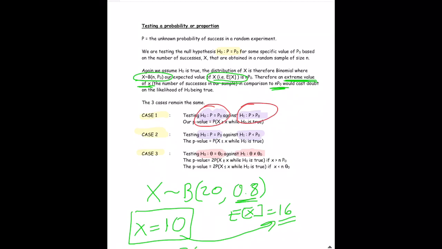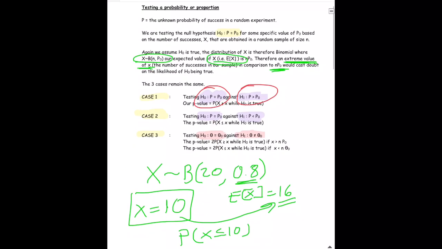What is the probability of that happening? What's the likelihood of my sample happening if Fairy Liquid are telling the truth, that 80% of people use Fairy Liquid? And if that probability, that's my p-value, is so small, if it's so unlikely to occur, well then H0 probably isn't true.